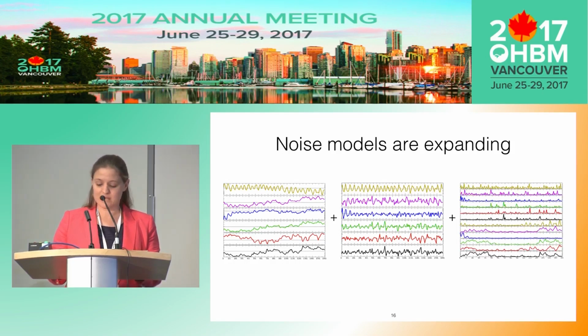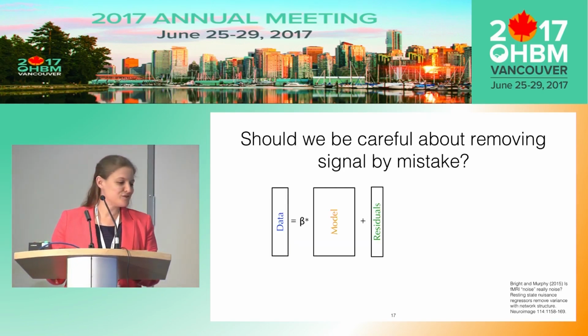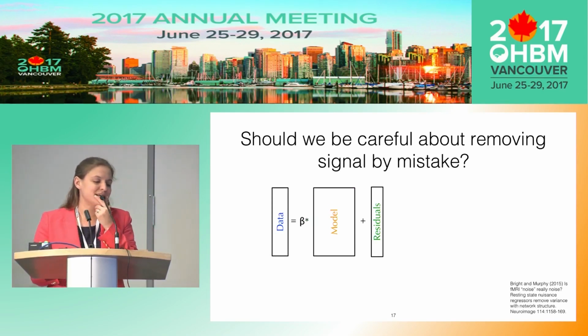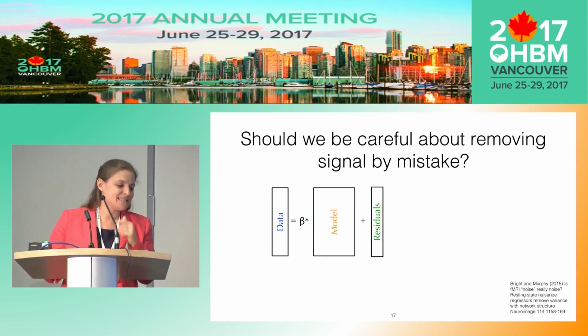Maybe that's not sufficient, and we start adding these quadratic terms to look at nonlinear effects. So our models are just increasing and increasing to try to avoid the situation where there's noise left over in the data causing us to think there's some true neuronal difference in our cohorts. So we need to be careful about this expanding noise issue.